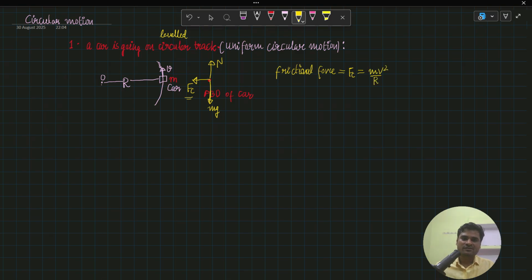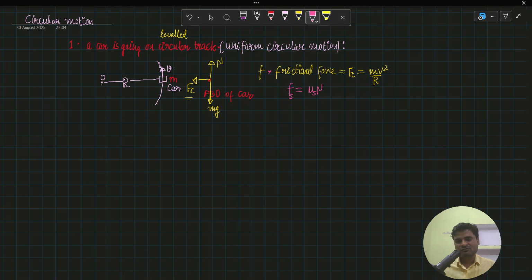And we know that this friction force F should be mu times N. And since this car is not skidding on the road, this car relative to road is not slipping in the direction of friction, that's why this friction is static friction.